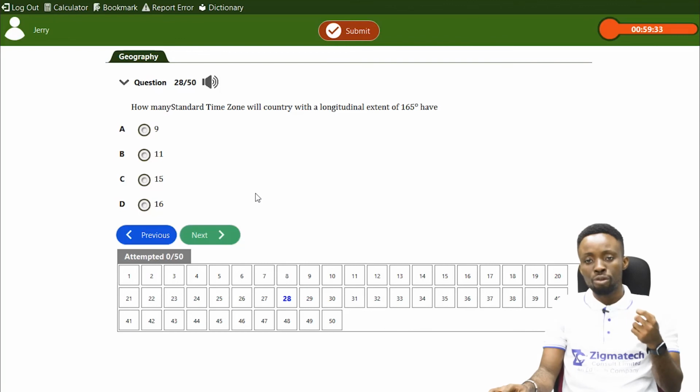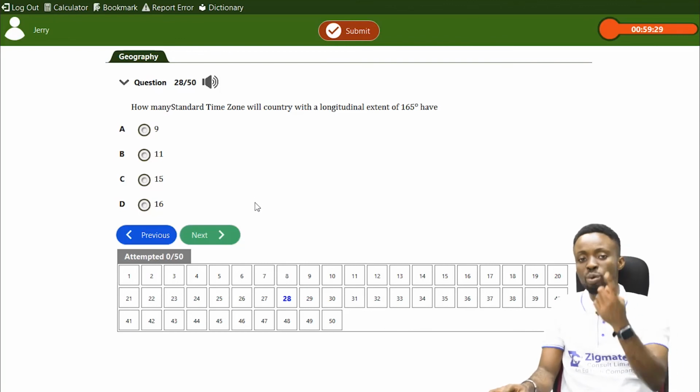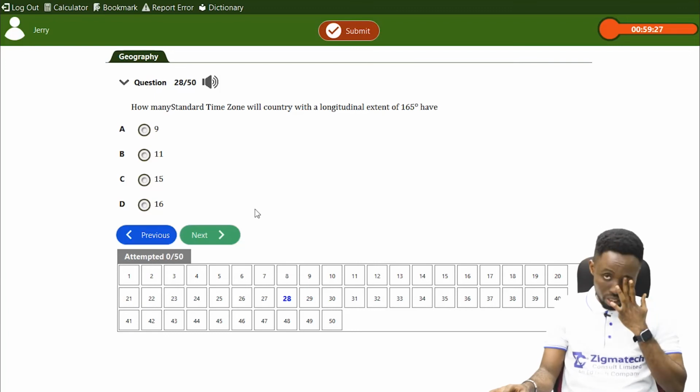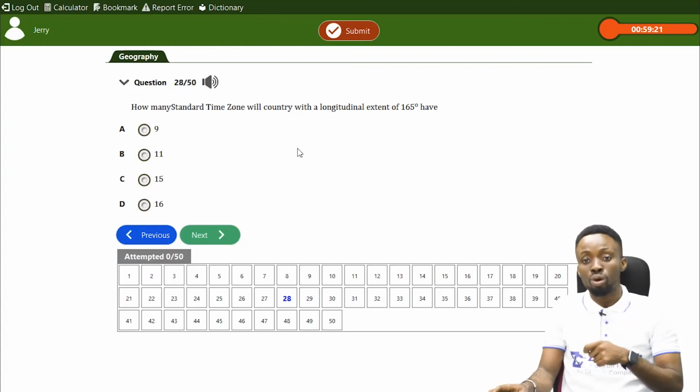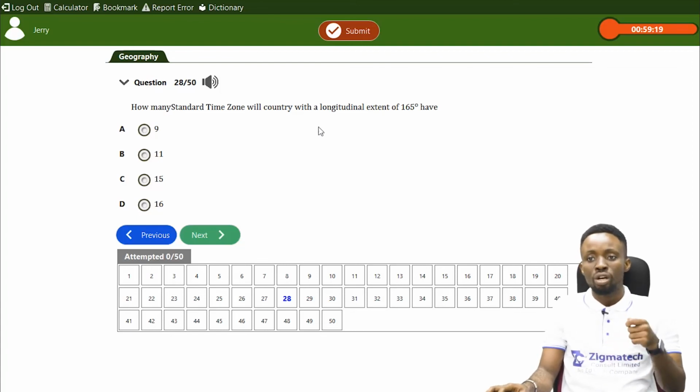So if you recall, we said that 1 hour is equivalent to 15 degrees. So if 15 degrees is 1 hour, the question they are trying to ask is what 165 degrees will be. To get that answer, all you simply need to do is reference this with 1 hour, 15 degrees. So to get the time zones, you're going to divide 165 degrees by 15 degrees.